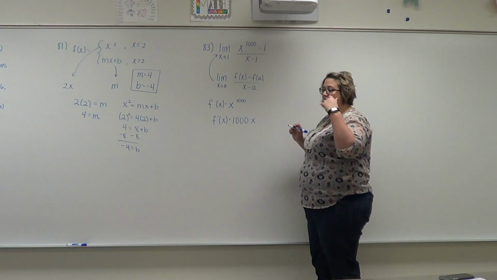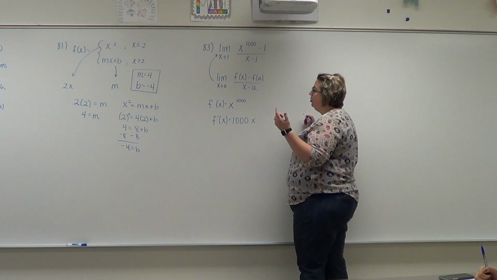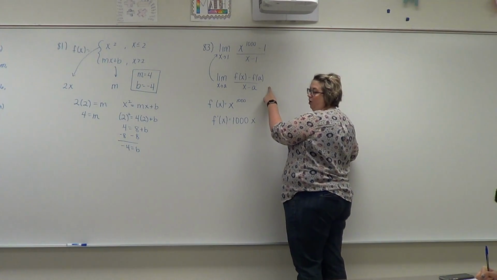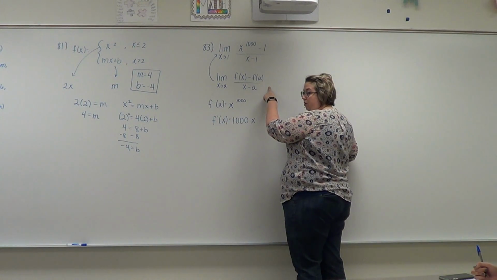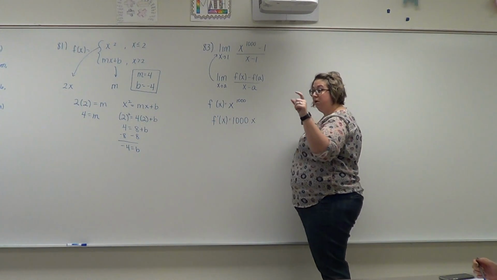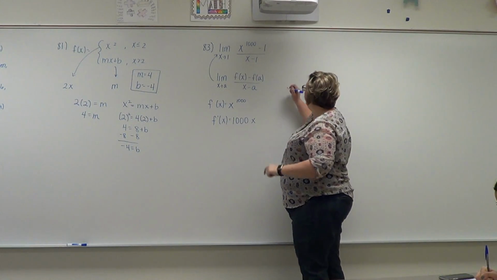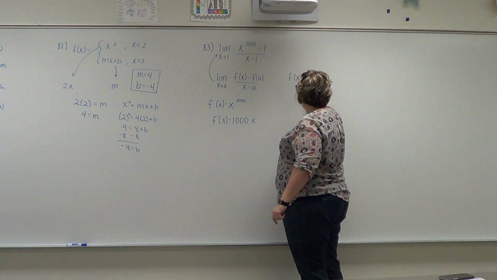Okay, so 2 weeks ago, when you learned limits, this was the very first way you learned how to do it from Miss Freeze. How we started talking about the limit was the derivative, and then we also did the one that was like x plus h.